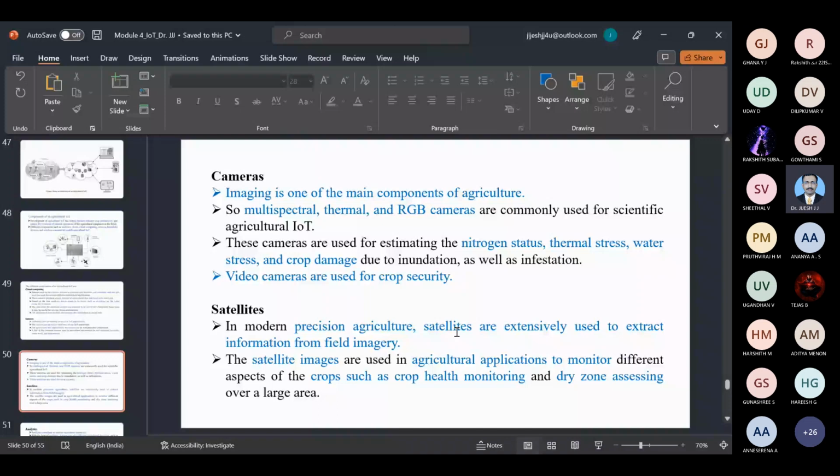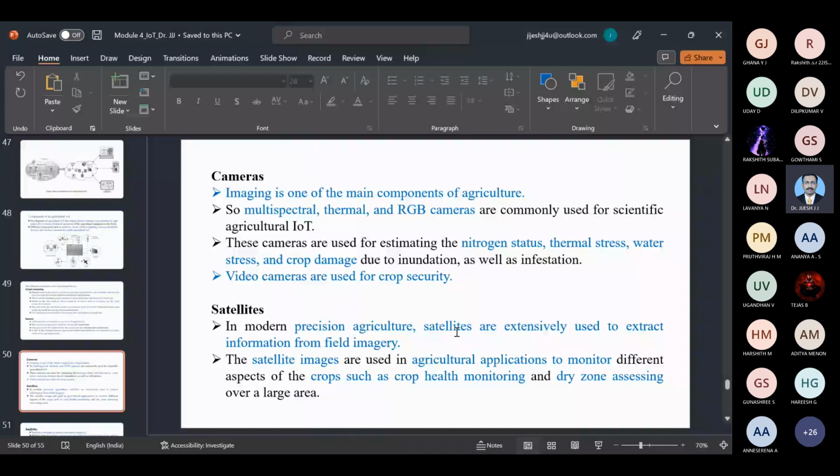The government is investing a lot of funds for getting satellite connectivity, where agricultural precision can be measured in a very systematic way, and the government will come to know how much land is being utilized for the purpose of agriculture, and whether the land is being used for some other purpose.